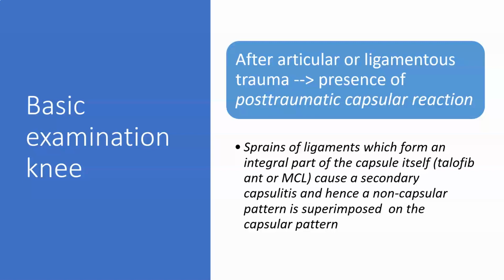You will see a kind of capsular pattern with swelling, but this in fact is superimposed on the actual ligamentous lesion, let's say an acute MCL lesion. More about that a little bit later on in another lecture.